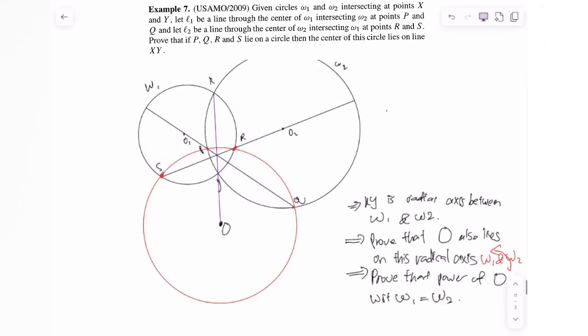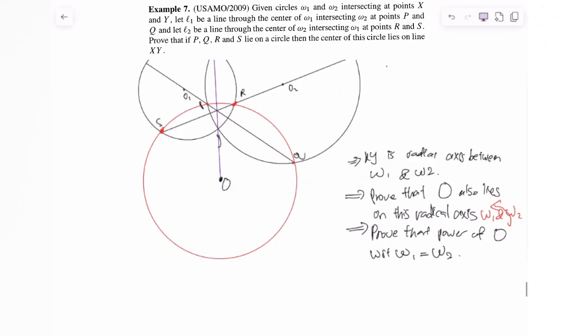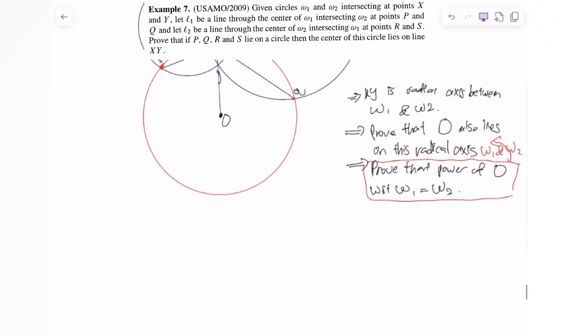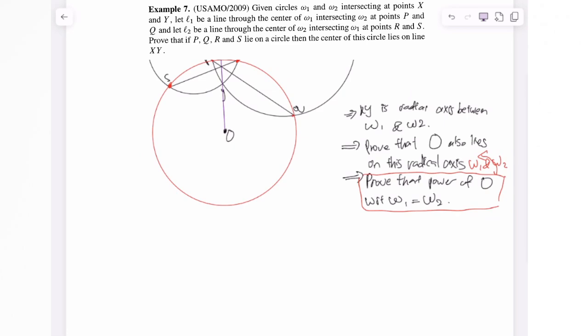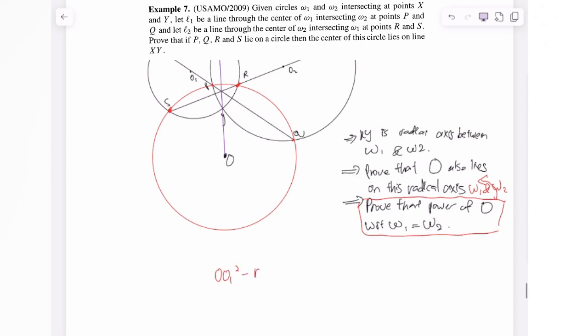So how can we do that? Well, first of all, let's write down what this statement means. Power of O with respect to omega 1 is what? It is O1 squared minus R1 squared, where R1 is the radius of omega 1.